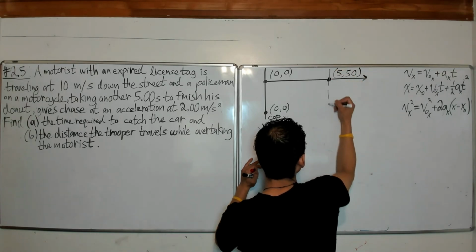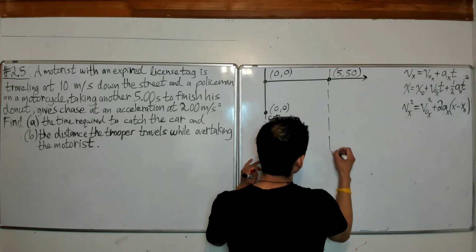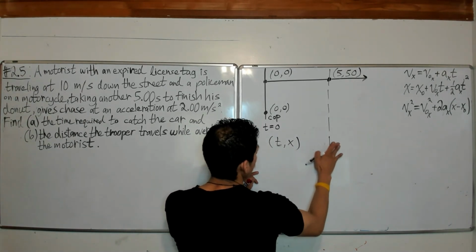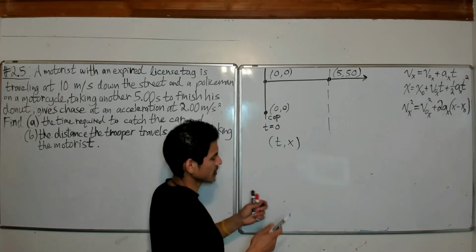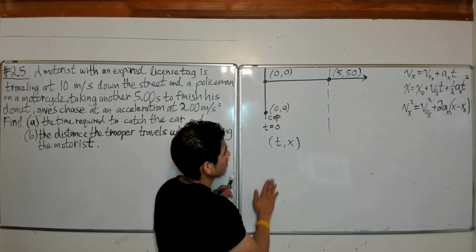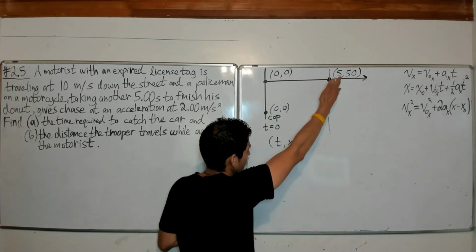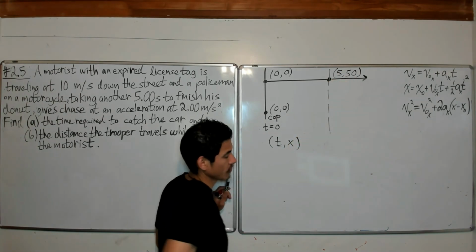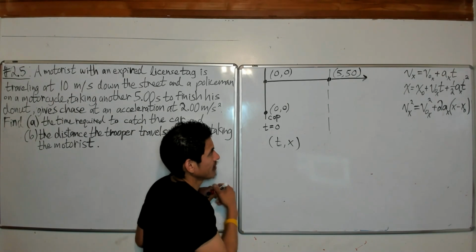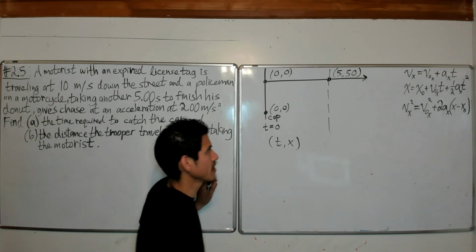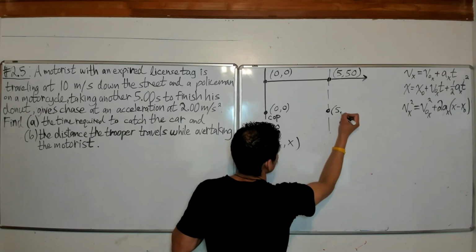So the guy has a 50-meter head start over the cop, because the cop is at the same position at 5 seconds. He didn't get anywhere. He's still at 0.